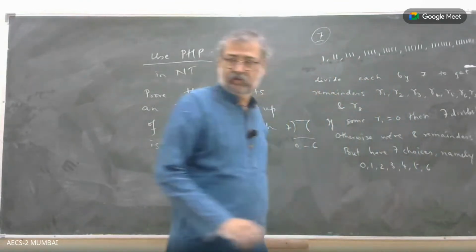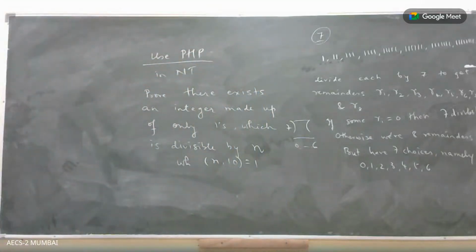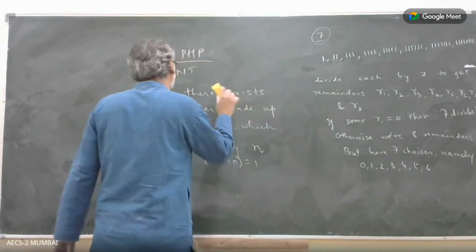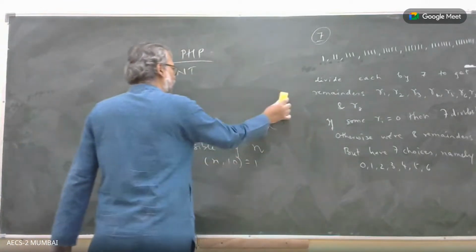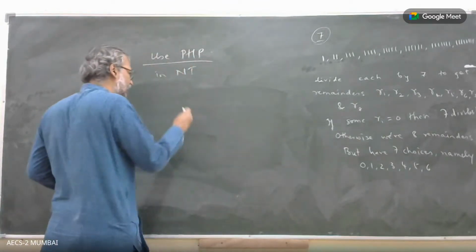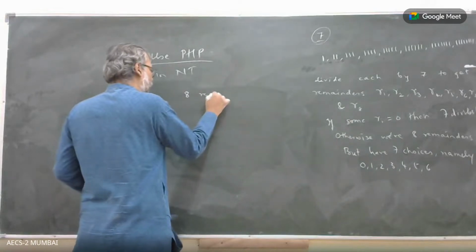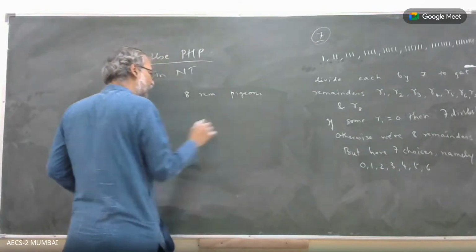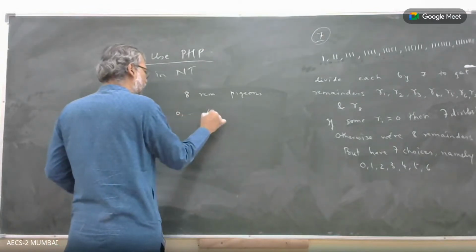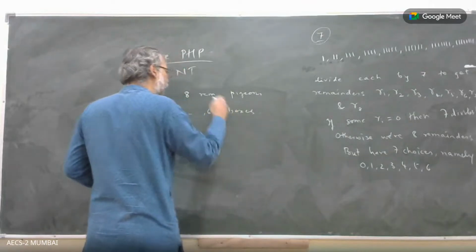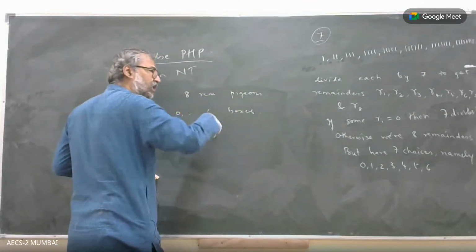Okay? You have done the Pigeonhole Principle? Okay, so in this case, my 8 remainders are pigeons. And those values 0 to 6 are my pigeonholes. I have to put 8 pigeons into those 7 boxes.